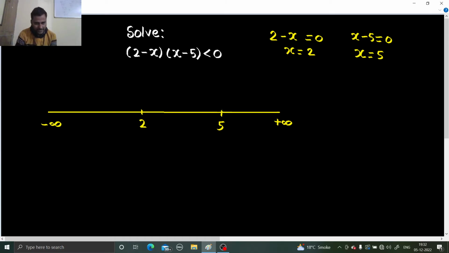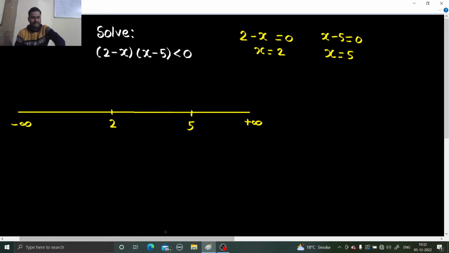So for the first region, which is 5 to infinity, let's take some random values. So 10 lies in this region, of course. On putting 10 here, you get minus 8, and then you get 5.